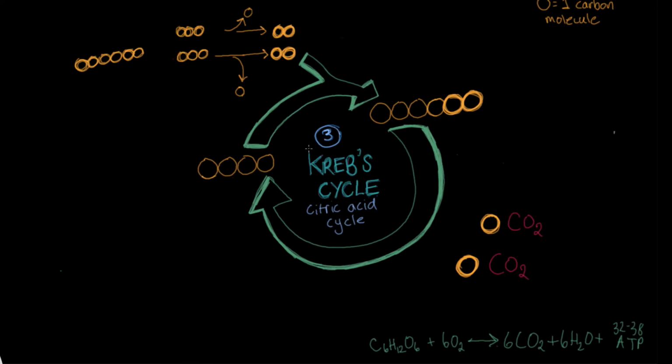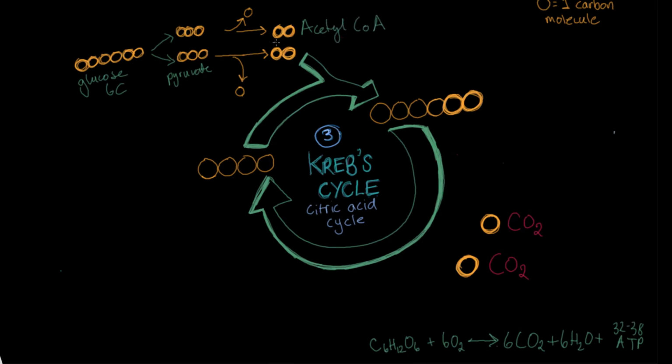So on to step 3, the Krebs cycle. Before we talk about the Krebs cycle and what it is, let's just see where we are with our original glucose molecule. So here is our glucose molecule that has 6 carbons in it. That was split into 2 molecules of pyruvate in glycolysis. Remember, glycolysis means splitting of sugar. Then we went through pyruvate oxidation, and we produced 2 molecules of acetyl-CoA.